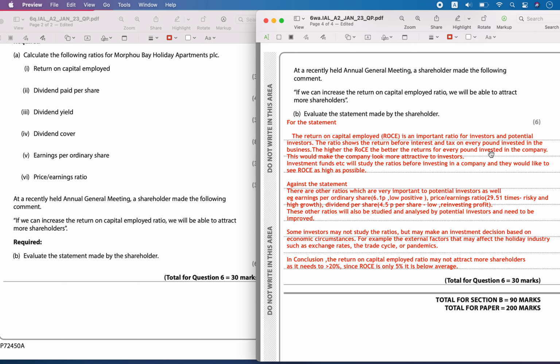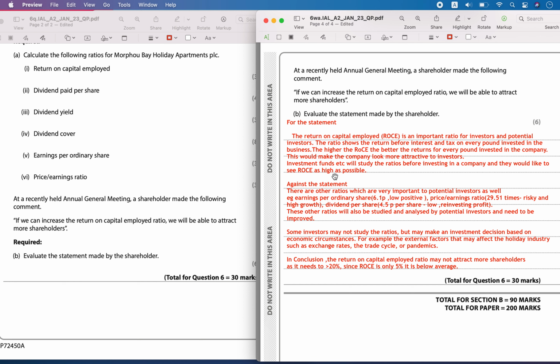The higher the ROCE, the better the returns for every pound invested. So this makes the company look more attractive for investors, investment funds etc. They will study the ratios before investing in a company, and they would like to see as high a ROCE as possible.